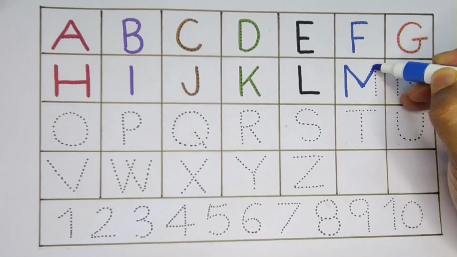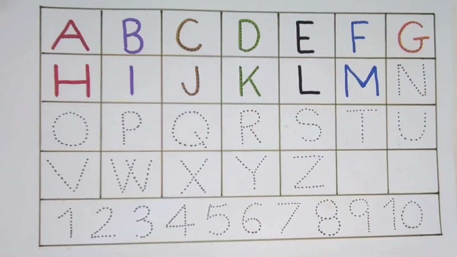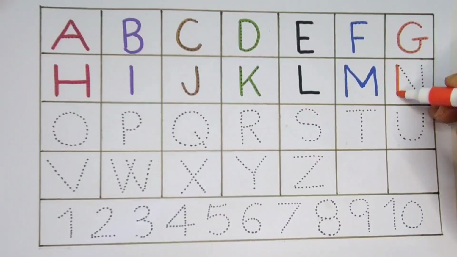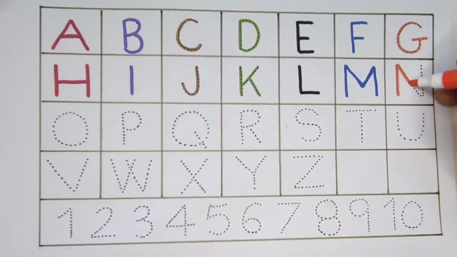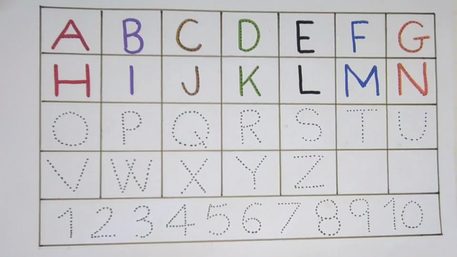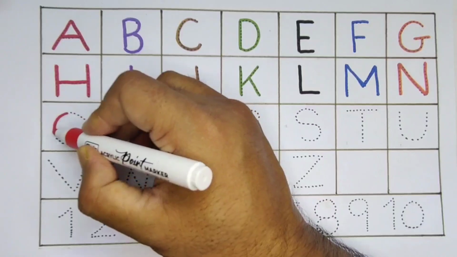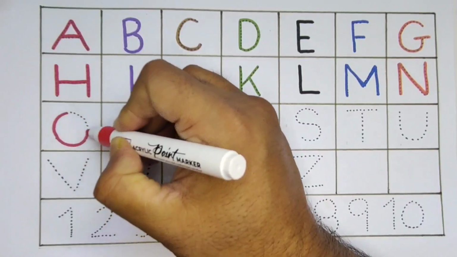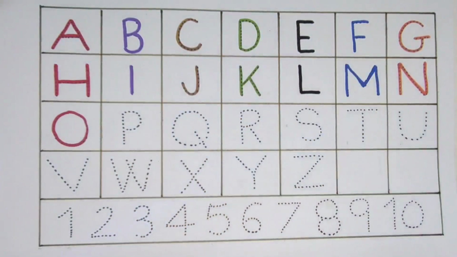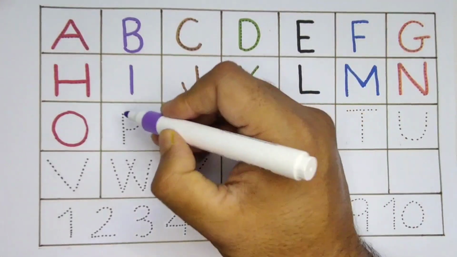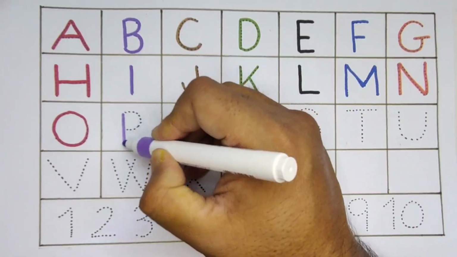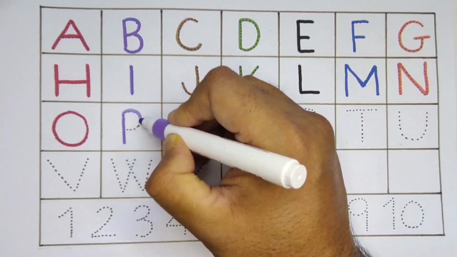M for mango. N for nose. O for owl. P for pencil.